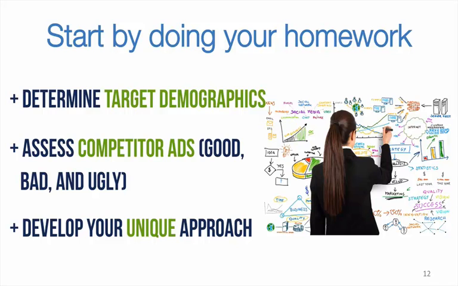You really want to create an ad that is specifically targeted to one person, really, if you can. Now, obviously, you're not advertising to just one person, but you want to imagine who exactly is the person that you're going after. What are the demographics? What are the psychographics of that person? Am I going after a man, a woman? How old are they? What kind of money do they make? What kind of situation are they in life?